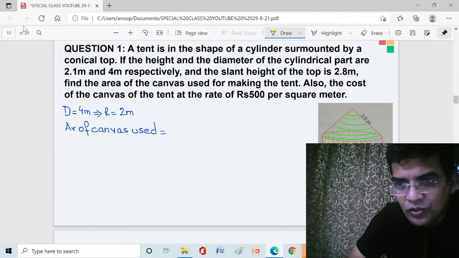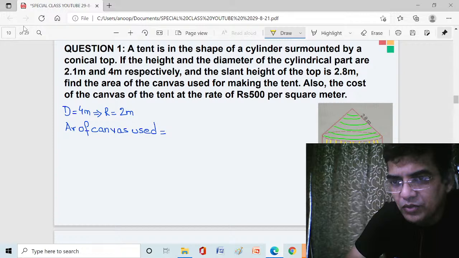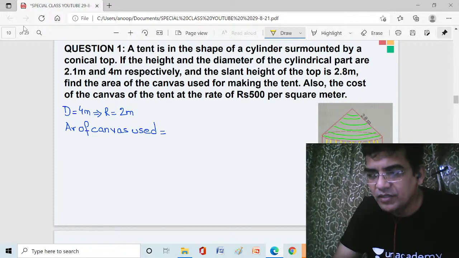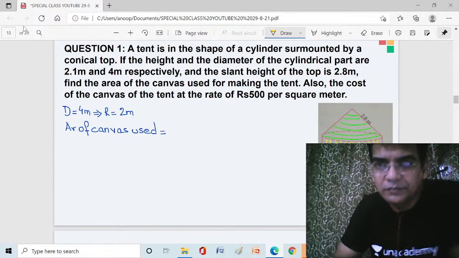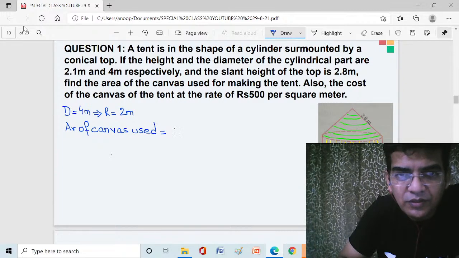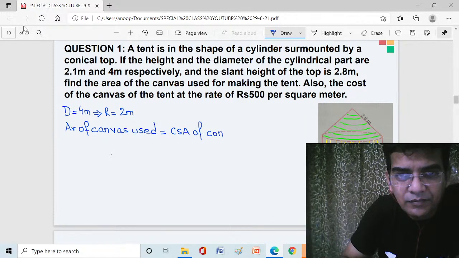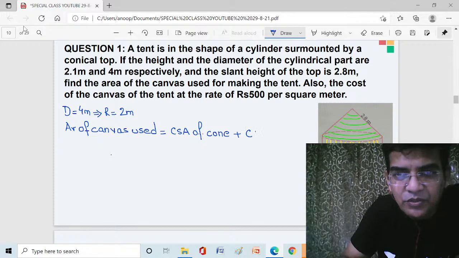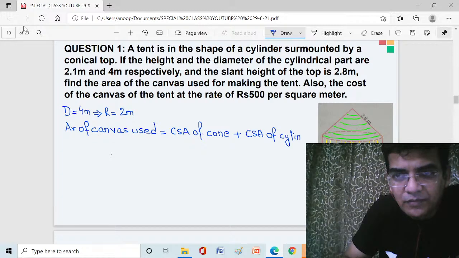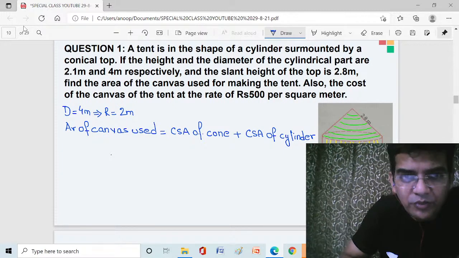So canvas will be used on these two surfaces: the one colored in green, that is the curved surface area of the cone, and the one colored in yellow, that is the curved surface area of the cylinder. So the canvas will be used on the curved surface area of the conical portion plus the curved surface area of the cylindrical portion.